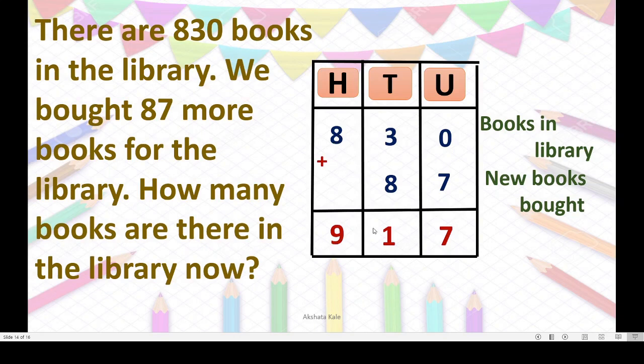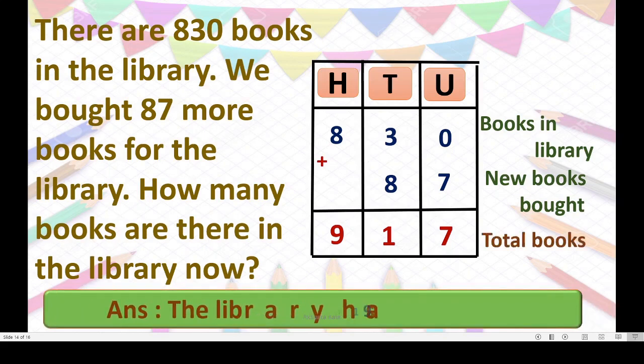Now 8 plus 1 is 9. Got this? Means how to write the answer here? Yes. The library has 917 books now. Okay? You can use this sentence, the last sentence, for writing the answer.